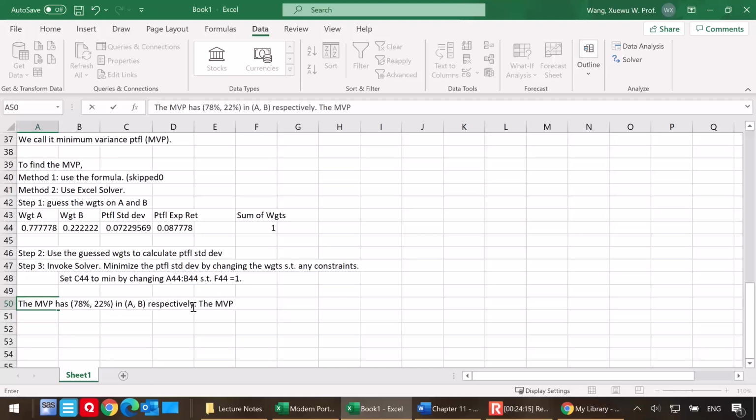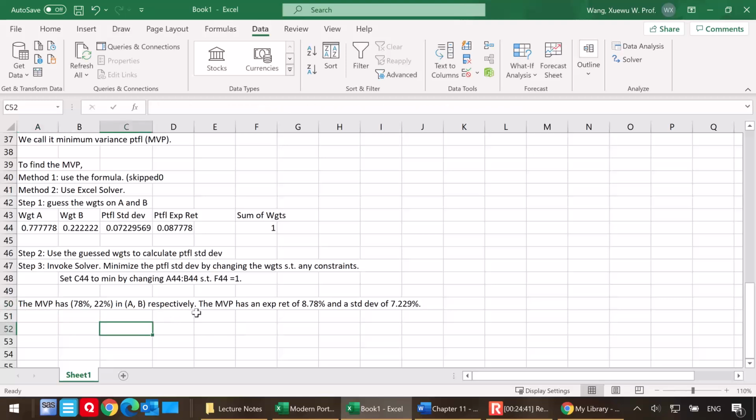The minimum variance portfolio has an expected return of 8.78% and a standard deviation of 7.29%. So that is the technical details about finding the MVP.